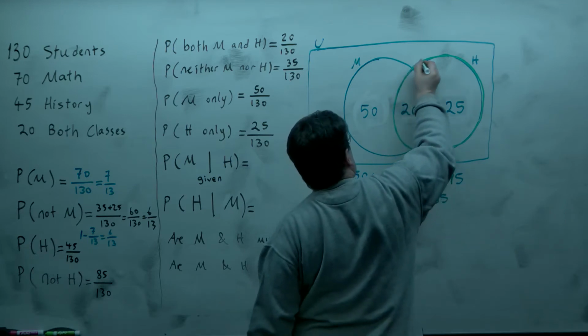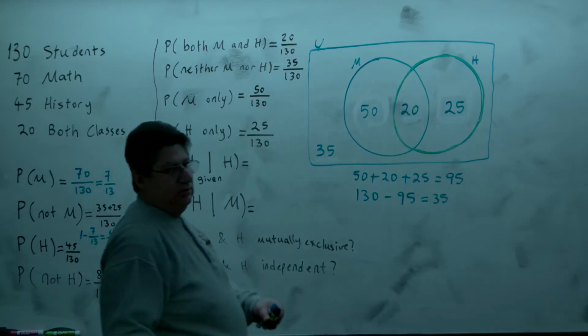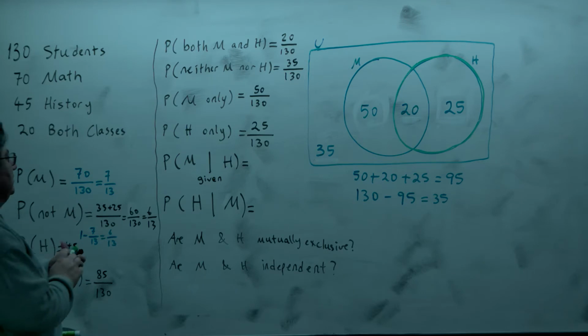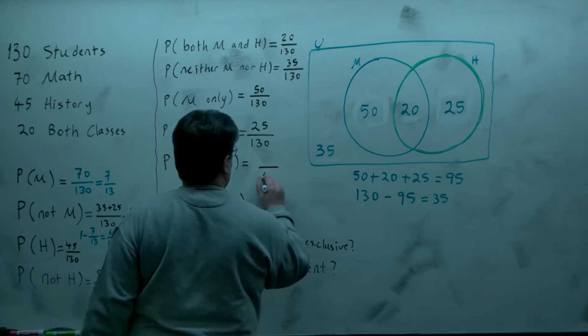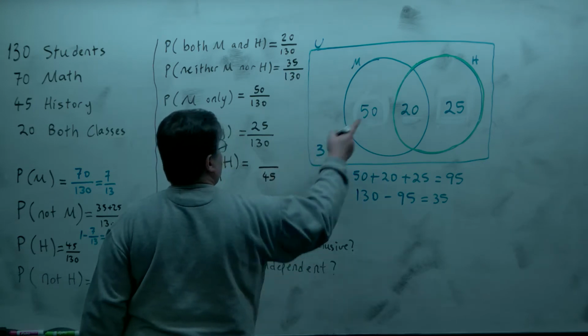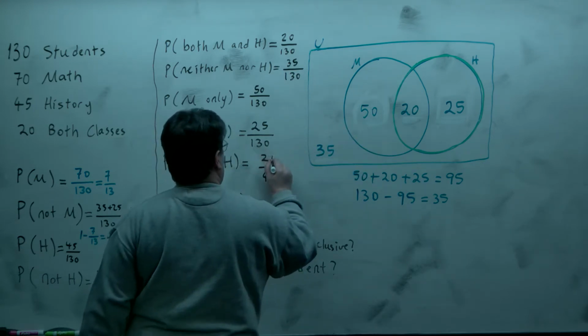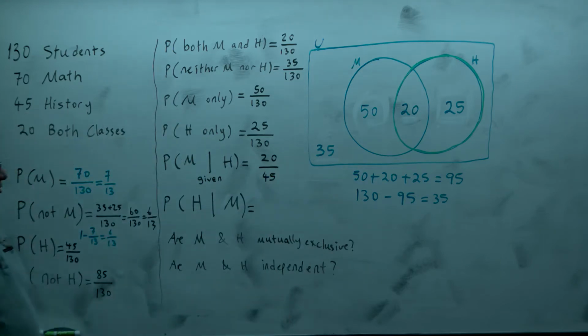This is all we are interested in. Does that make sense? So, out of these 45 students, we wanted 20. So, math given history is 20 divided by 45.